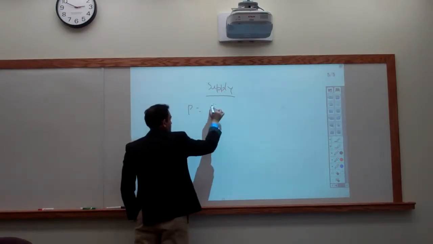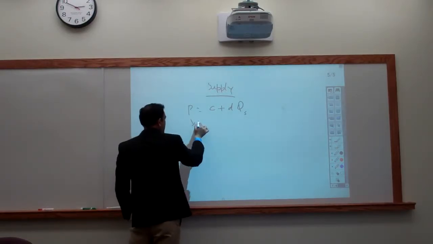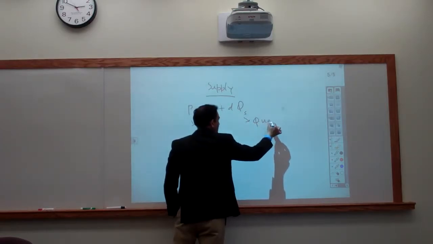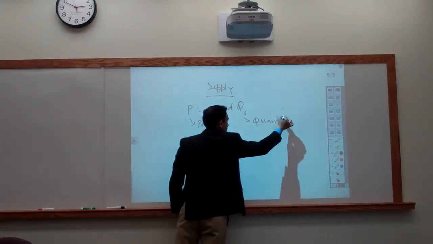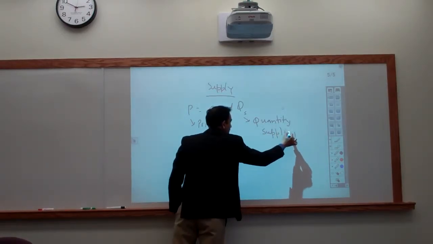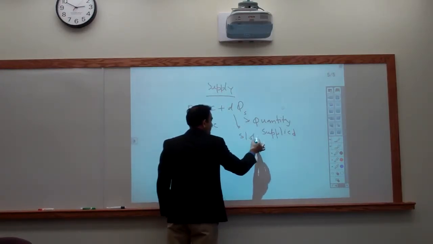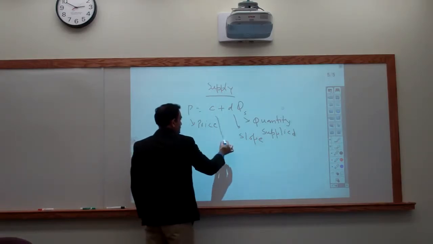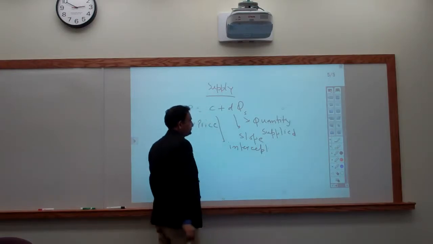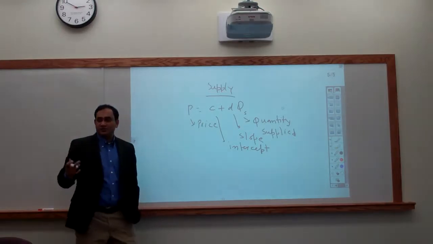Again, price equals C plus D times QS, where P is the price of the good, QS is the quantity supplied, D is the slope of the supply curve, positive as you can see, and C is your y-intercept. Similar to the demand curve. The only thing is that the slope is positive here.